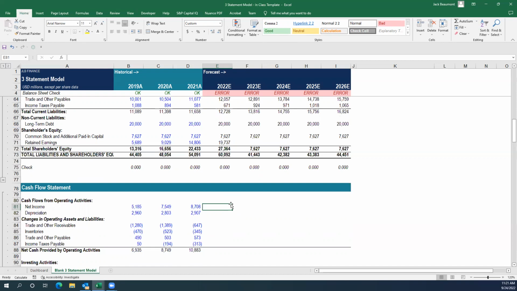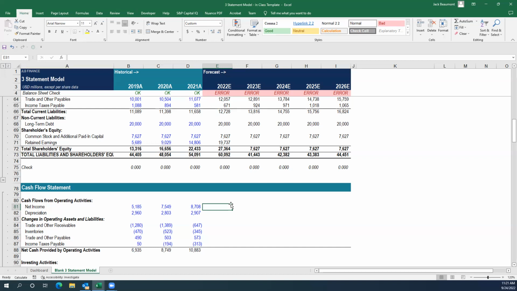You're not paying a check. You're not making an actual payment out of your cash account for these expenses. So what we're doing in the cash flow statement is normalizing everything and seeing what actually happened to the cash in the firm.